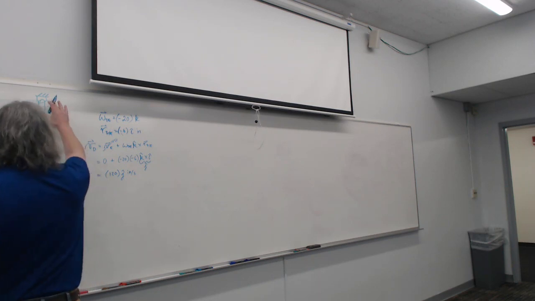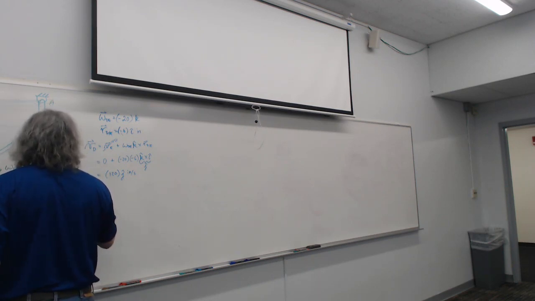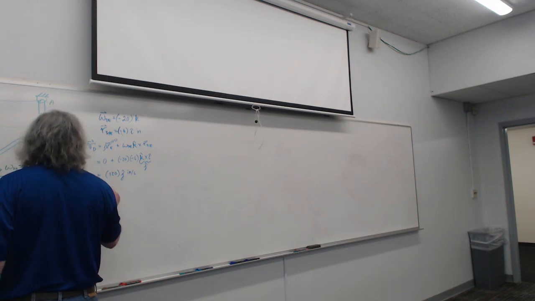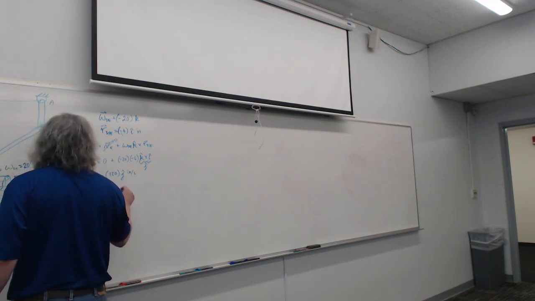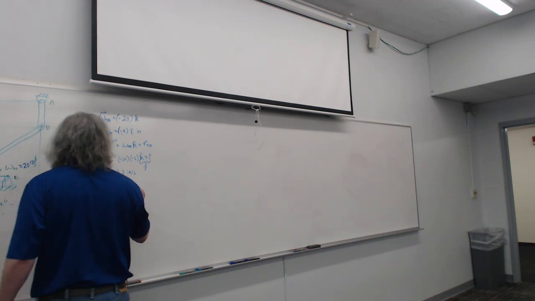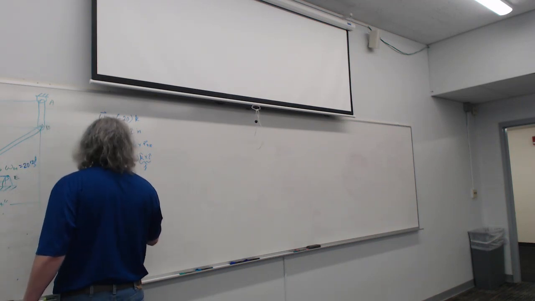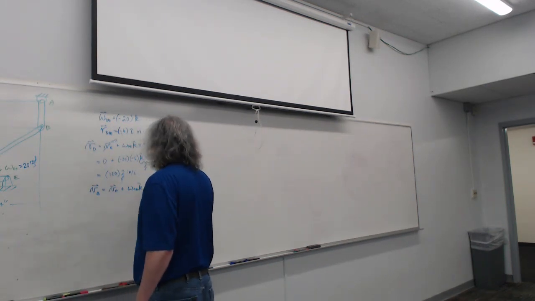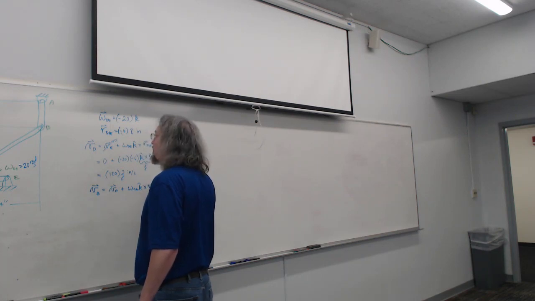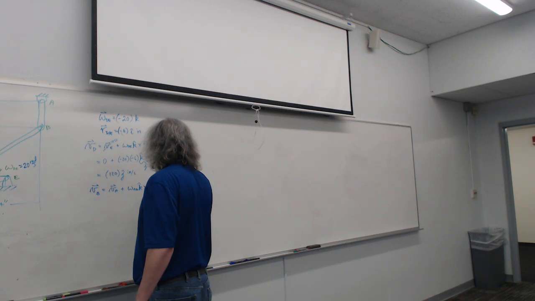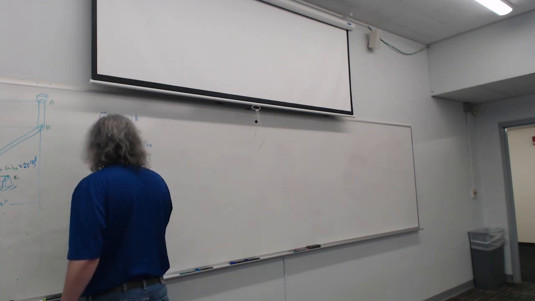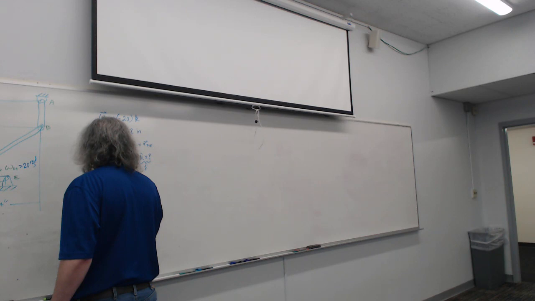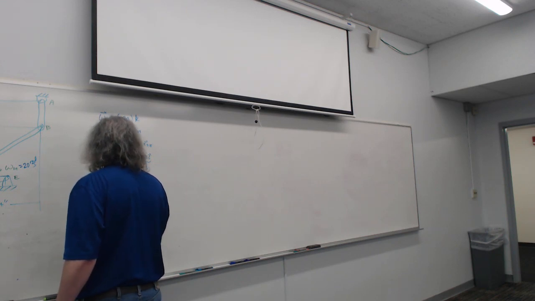And then we could skip up to this one and go, the velocity of B is equal to the velocity of A plus omega AB, not known yet, times K crossed with R B with respect to A. So A is 0, velocity B is going to be equal to omega AB.